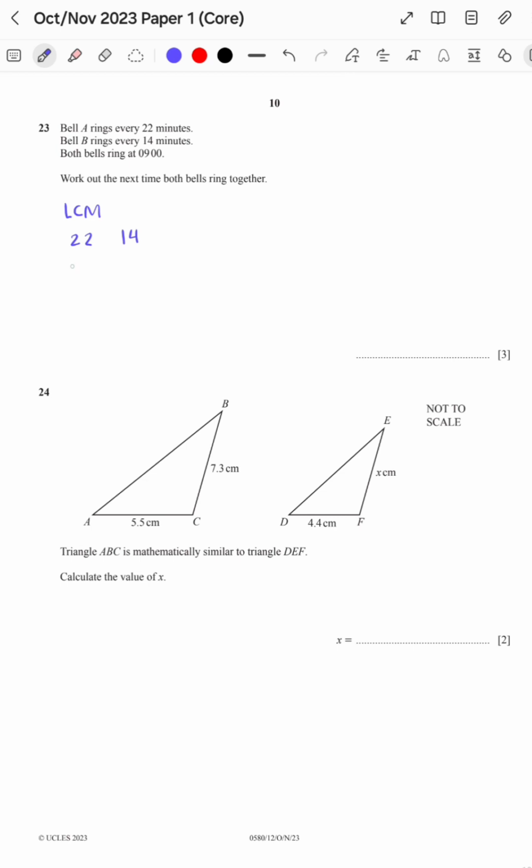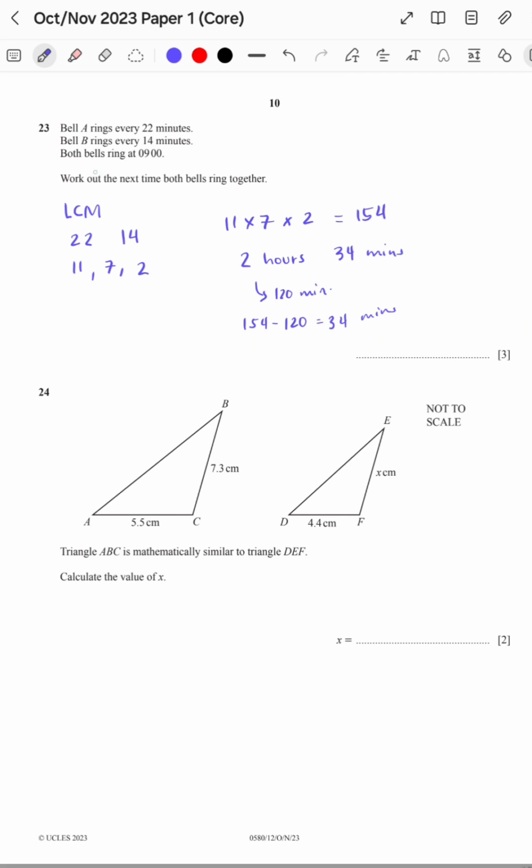So their LCM is 11 times 7 times 2, which is equal to 154 minutes. That's 2 hours, which is 120 minutes. So that's 154 minus 120, which is 34 minutes. So that's 2 hours and 34 minutes.